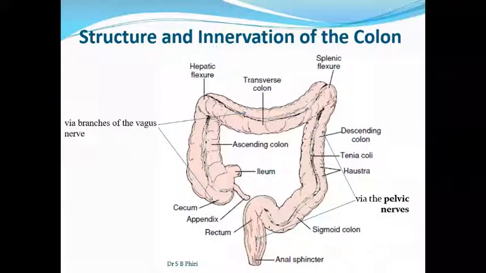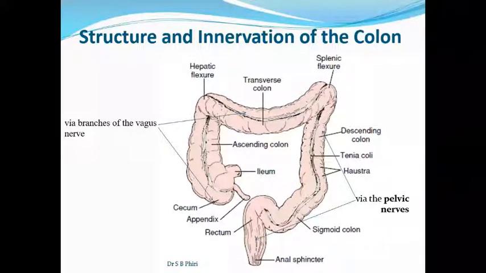The pelvic nerves originate from the sacral region of the spinal cord. So the segments S2, S3, and S4 provide those parasympathetics to the distal part of the large intestine. I mentioned that this part of the large intestine is heavily innervated by the parasympathetics.